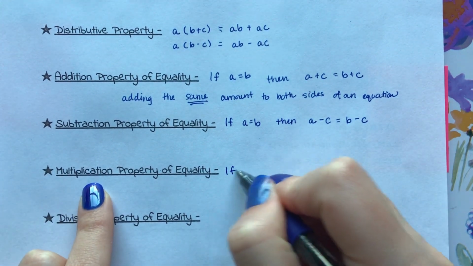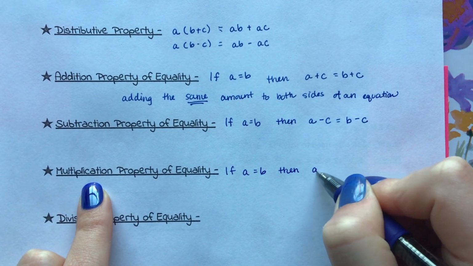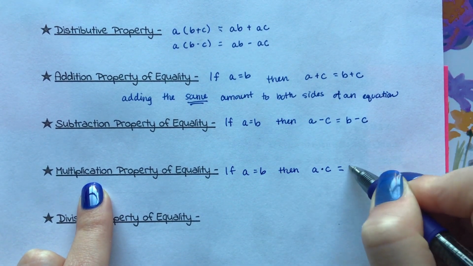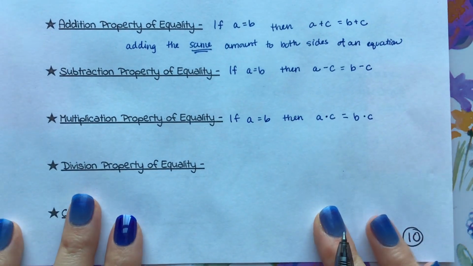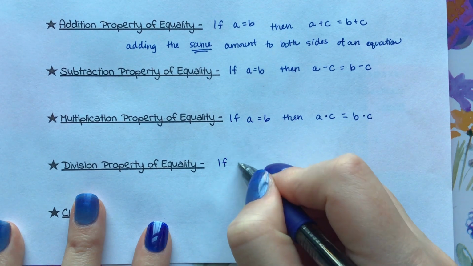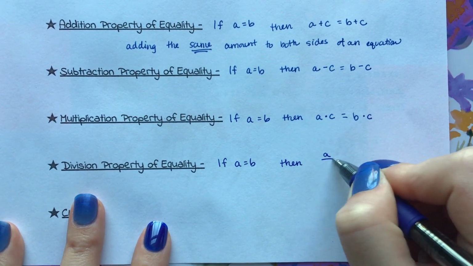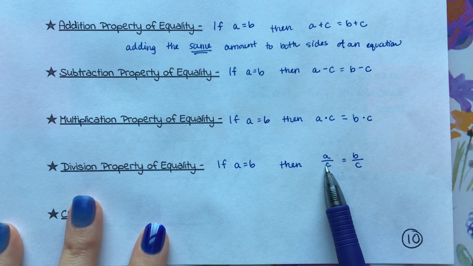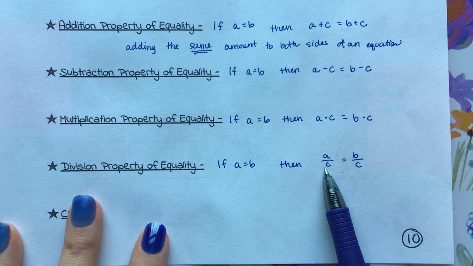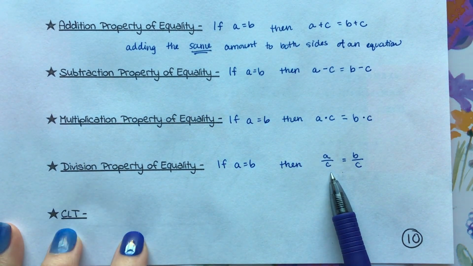Multiplication property, if a equals b, then a times c is equal to b times c. Division property, if a equals b, then a divided by c is equal to b divided by c. Something that people sometimes forget, a fraction bar is a division symbol as well. So fraction just means divide.